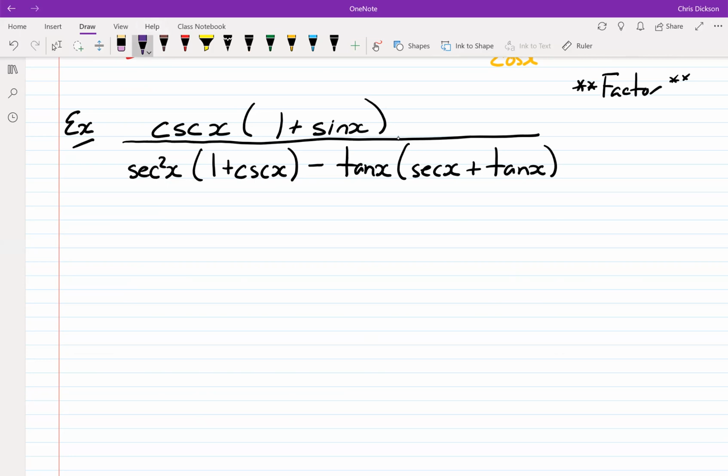So cosecant is 1 over sine of x. And I'm multiplying that by 1 plus sine of x, that's actually over 1.